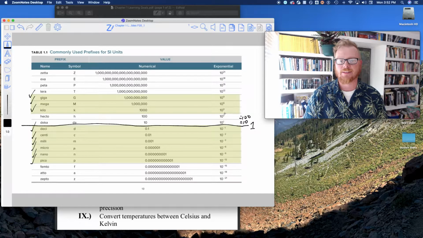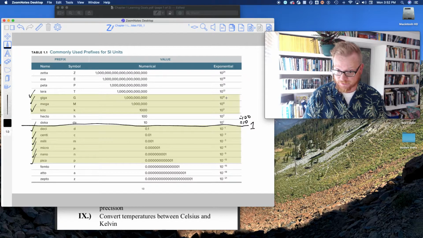And then, as you might guess, 1,000, a million, a billion. Now if we keep going down here, 10 to the 0, this line, is 1. Then 10 to the minus 1 is 0.1, so you can see it right there. 10 to the minus 2 is 0.01, and so on and so forth.